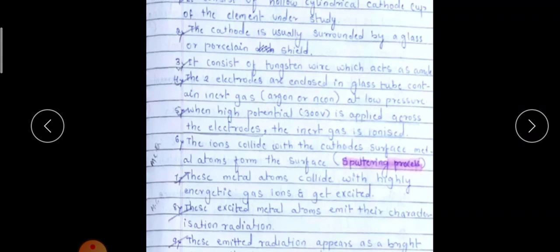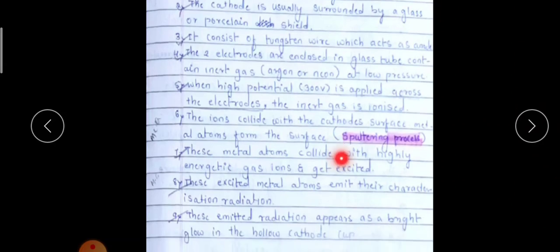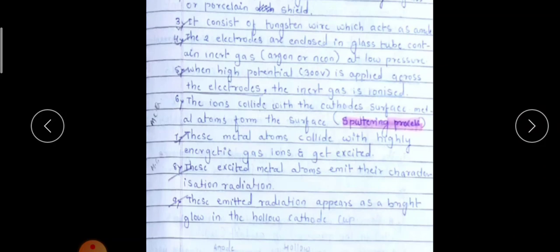Metal atoms will start to form at that surface. These metal atoms collide with the highly energetic gas ions and get excited. These excited metal atoms emit their characteristic radiation. This emitted radiation appears as a bright glow in the hollow cathode cup.